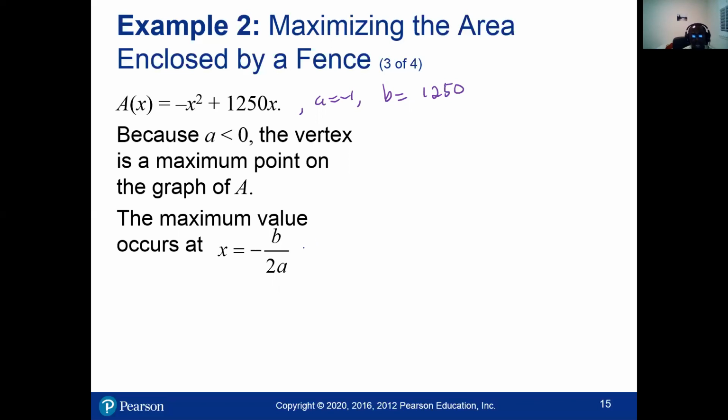So when you substitute that, you have minus 1250 divided by 2 times -1. And that will give us 625. So it means that your x is 625 yards.